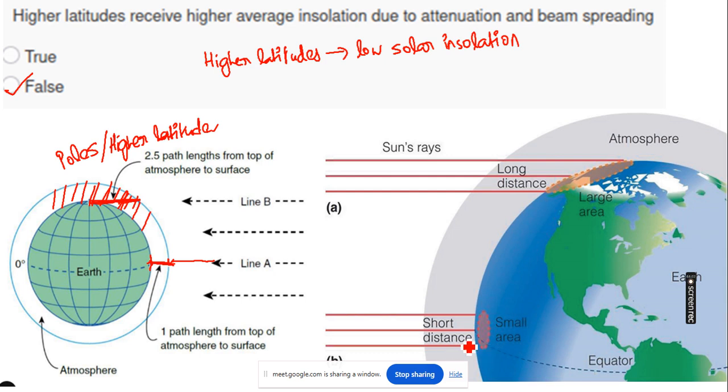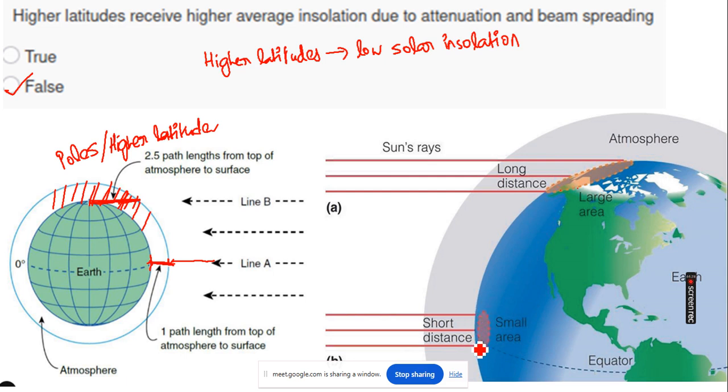So over the equator, because of the shorter distance, this red area is the area over which the incoming solar radiation is getting distributed. This is the area over the equator, whereas over the higher latitudes, because of the higher distance, the incoming solar radiation needs to be distributed over a larger area compared to that of the equator.